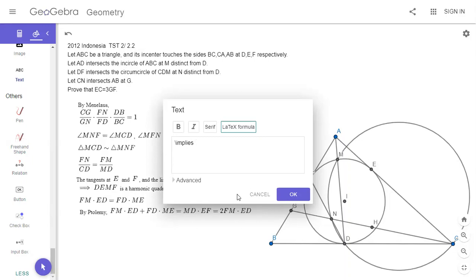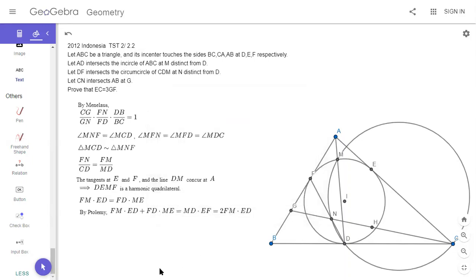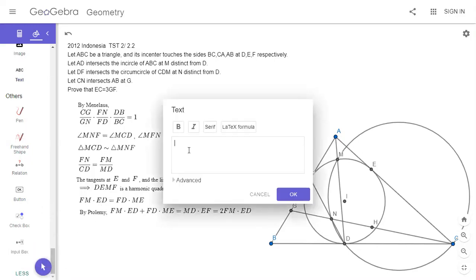Wait, hold on a sec. Yeah, so that means that FM over MD is equal to EF over 2ED.